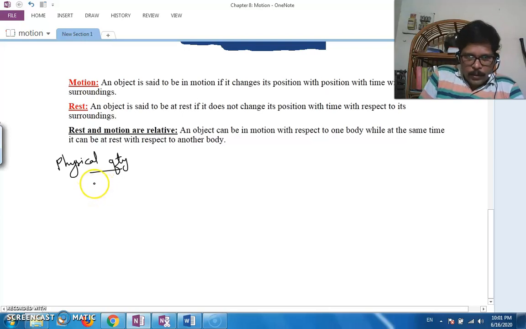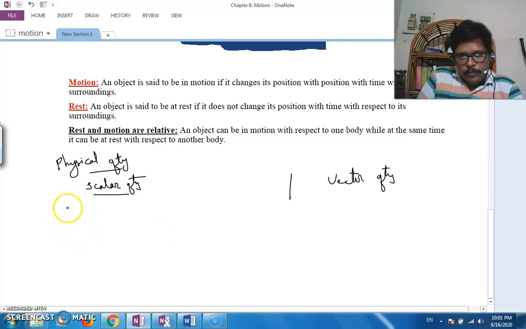So physical quantities are of two types: scalar quantities, and on the other hand we have vector quantities. So what is a scalar quantity? To describe a scalar quantity, just the magnitude is sufficient.